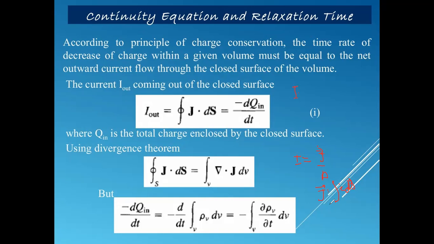So this is called the current density. The benefit of defining the current density is that current density can be defined at a particular point, but current you cannot define at a point. Current will be either flowing through a wire or through a surface. But current density you can define at a point.